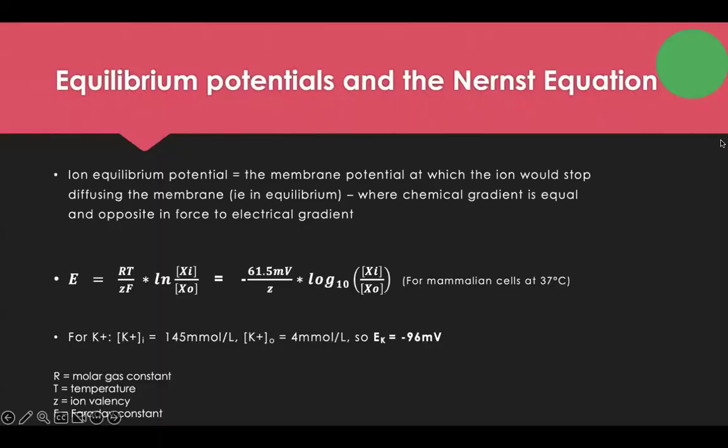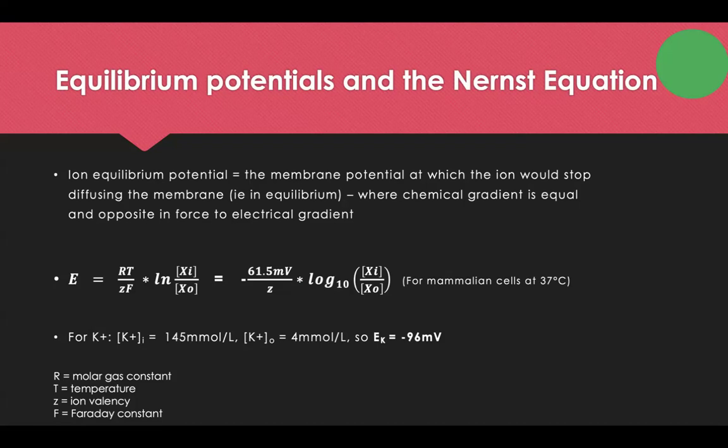So a little bit more on how it actually works. The Nernst equation, which is shown on this slide, is the equation to bring together all of the different ion equilibrium potentials and work out what the overall resting potential should be. This is looking at one particular ion.